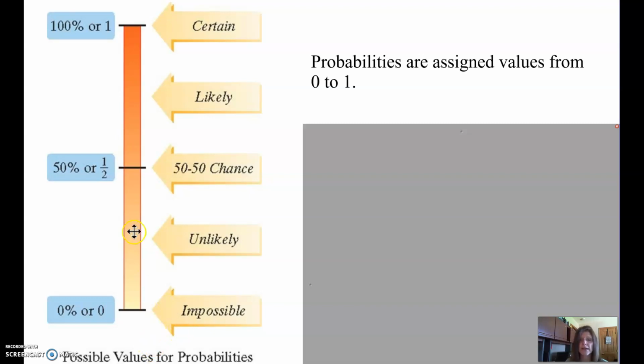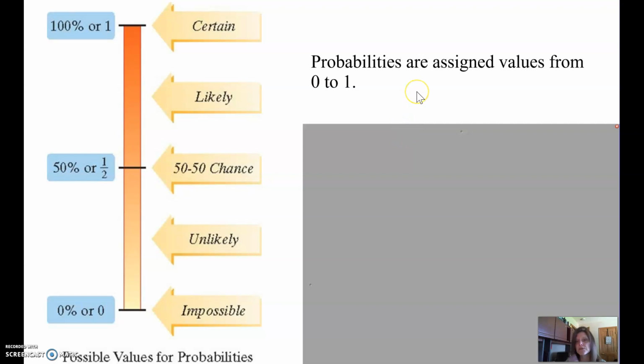It's never going to happen. If it's 50%, then it's a 50-50 chance, equally likely outcomes. So if I'm dealing with a fair coin, it's not weighted any weird way, then we should have equally likely outcomes of a 50-50 chance of getting a head or a tail when I flip it.